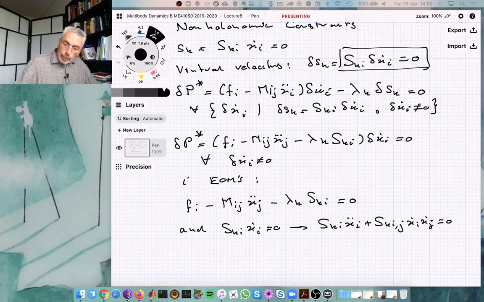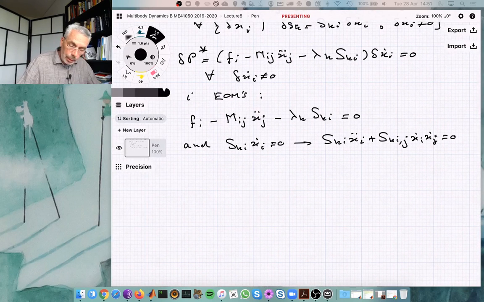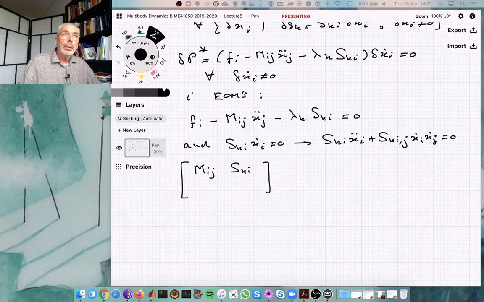Now these two sets of equations, we can write them in this pseudo matrix-vector index notation form, which is sort of clarifying everything. So we have this M_ij, we have the S, not a Jacobian, it's just a linear mapping because the constraints are linear in the velocities. By the way, I have never seen a rolling or a contact problem where the constraints are not linear in the velocities.